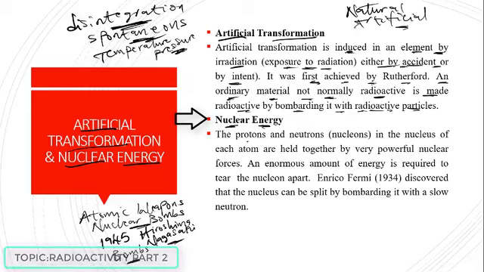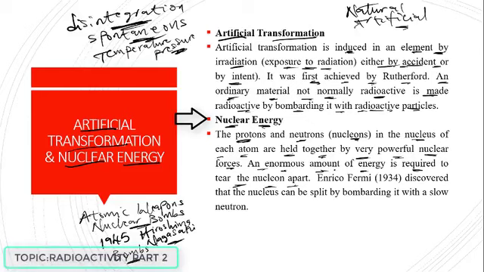Now, when it comes to nuclear energy, it's important to note that the protons and neutrons, otherwise called nucleons, in the nucleus of each atom are held together by very powerful nuclear forces. Now, an enormous amount of energy is required in order to tear this nucleus apart by separating the protons and the neutrons.